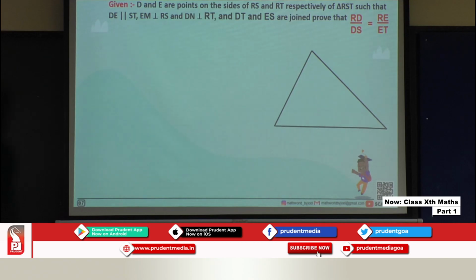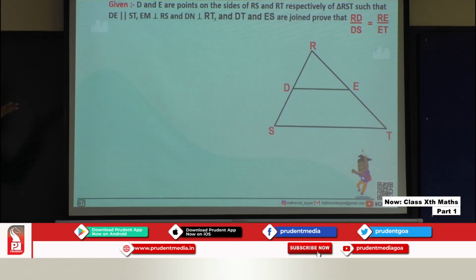Here I have a triangle, and D and E are points on RS and RT, right? So D and E are two points on triangle RST, such that DE is parallel to ST. So let's draw a parallel line. EM is perpendicular to RS.